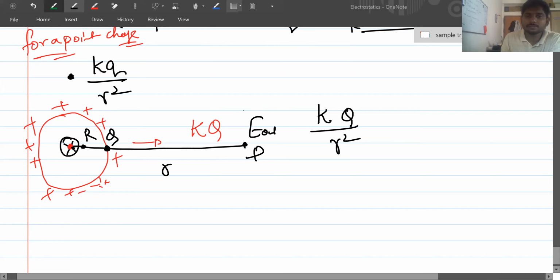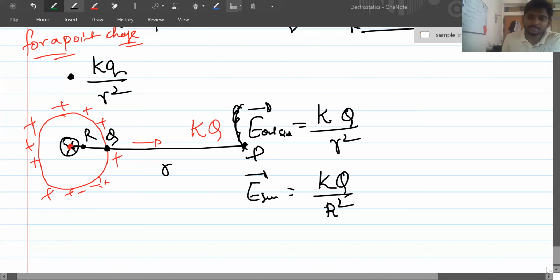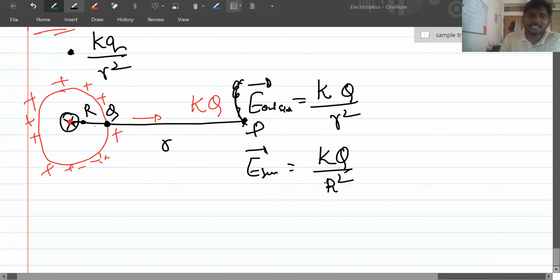If you want the force at that point, if you keep any charge, you multiply with that charge and you will get the force. Now E surface is also k q by capital R square, because R is the radius. But E inside is actually 0.